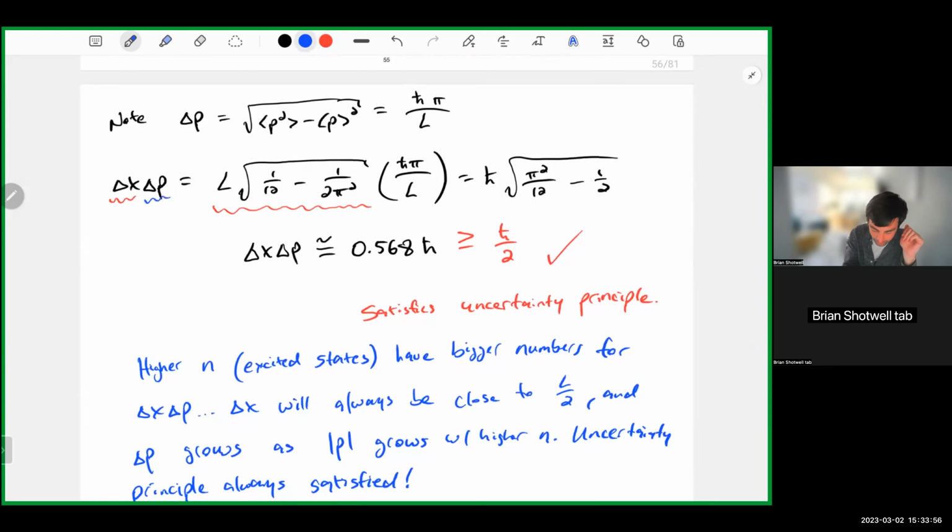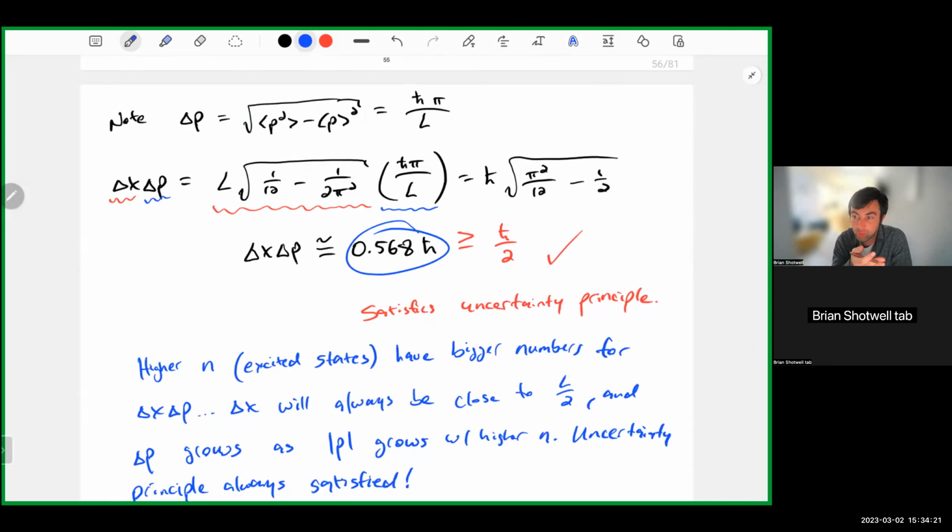And then combining these two ingredients for p squared and p, we can get the standard deviation of the momentum measurement, and plugging that into this product, delta x times delta p, you get this value right here, 0.568 h bar. And that is greater than or equal to h bar over 2.